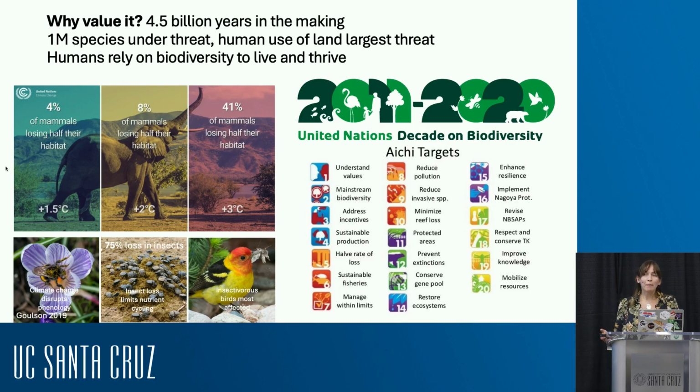It's 4.5 billion years in the making, and there are over 1 million species right now that are under threat, with humans being the largest threat because of our land use. And so the UN recognized that biodiversity was being threatened and needed protection, and set out for an entire decade of biodiversity with 20 Aichi targets to meet that we would need government coordination on.